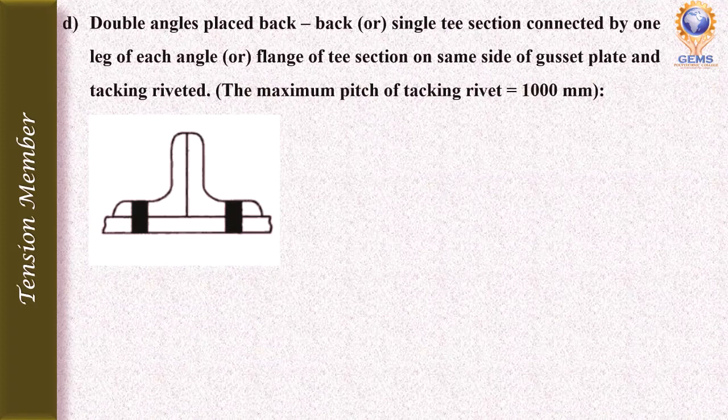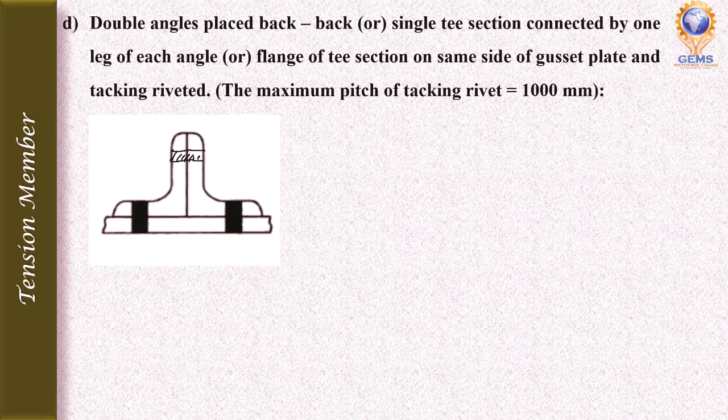These are two double angles back to back connected, and in this we will have a tacking rivet over here. The maximum pitch of this tacking rivet is 1000 mm. If we have a connection like this, what is the net sectional area?